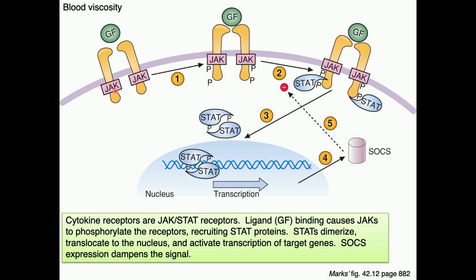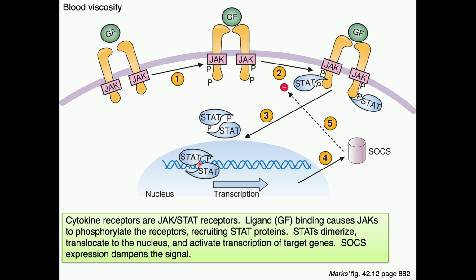Okay, then after that phosphorylation event occurs, you get something that's similar to the estrogen receptor or thyroid hormone receptor, where another portion, a STAT molecule, dimerizes and then enters into the nucleus and causes increased transcription of different genes by binding to promoters.